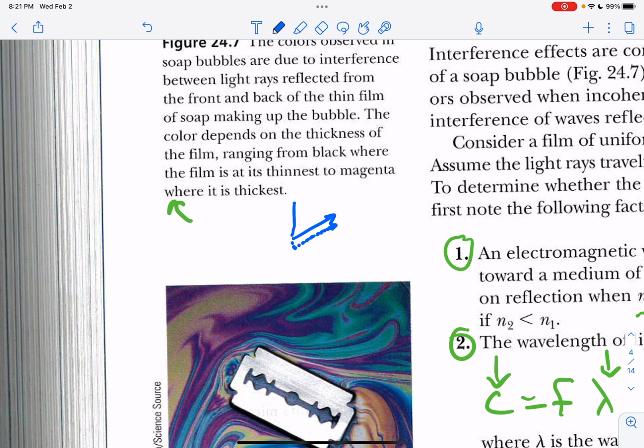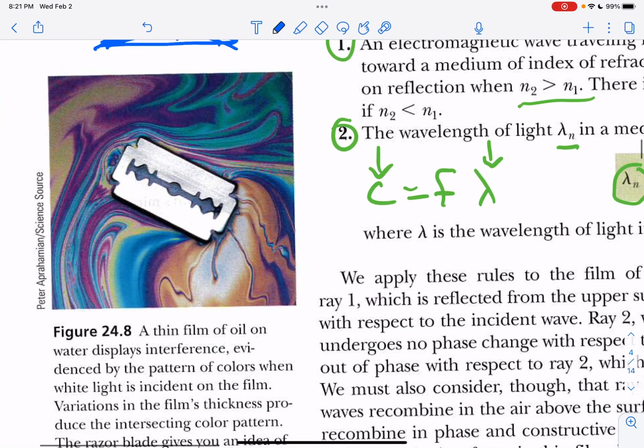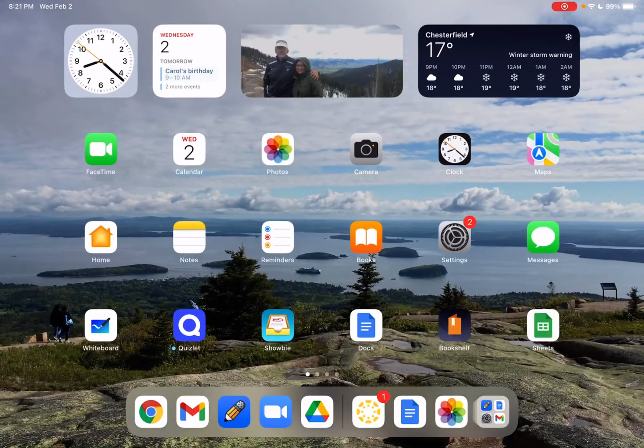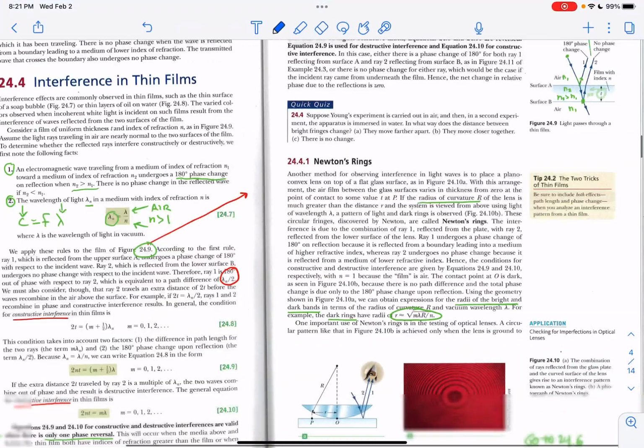But again, because the oil is thicker on the sides than it is at the top, because gravity pulls the oil off to the side, the light is going to be traveling through different thicknesses of the oil, and you're going to therefore get all these different colors.